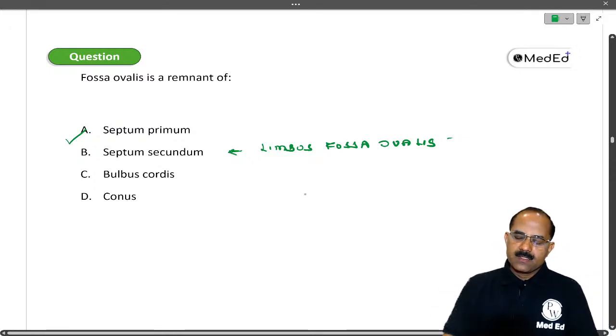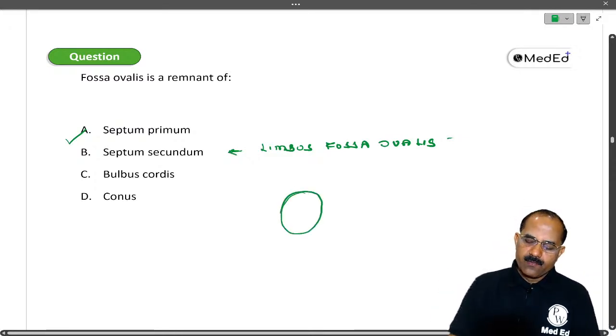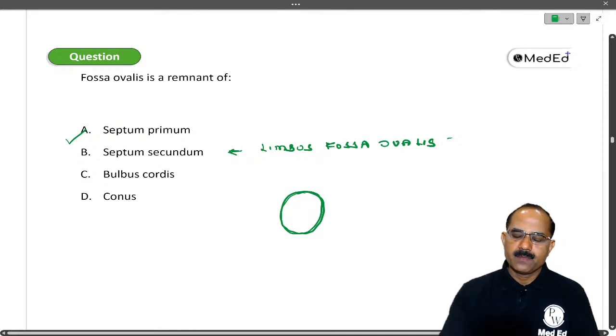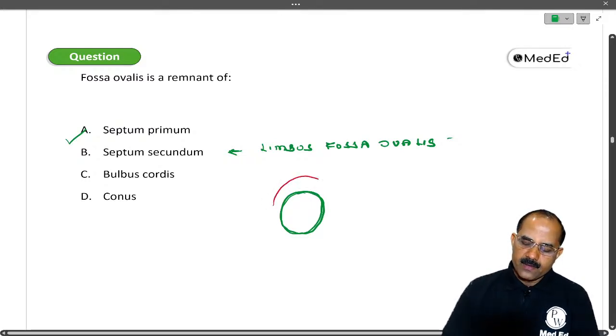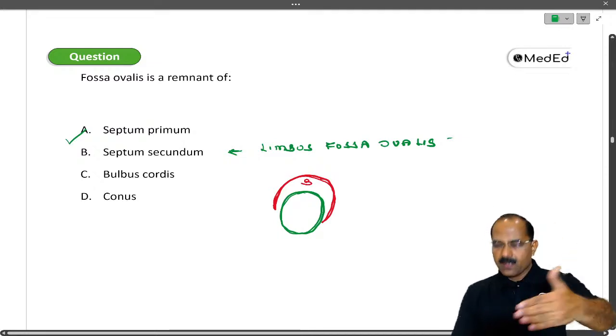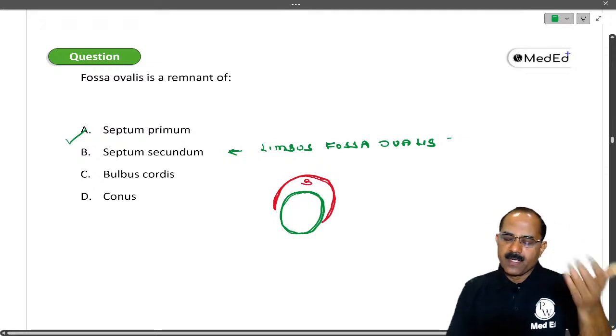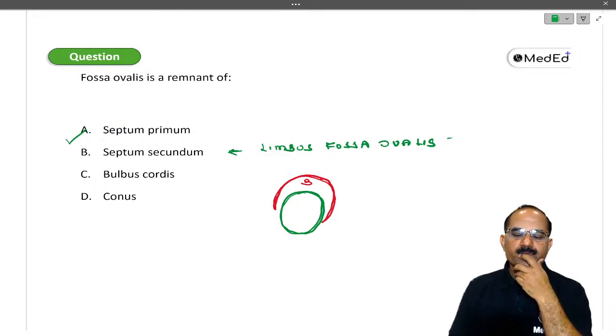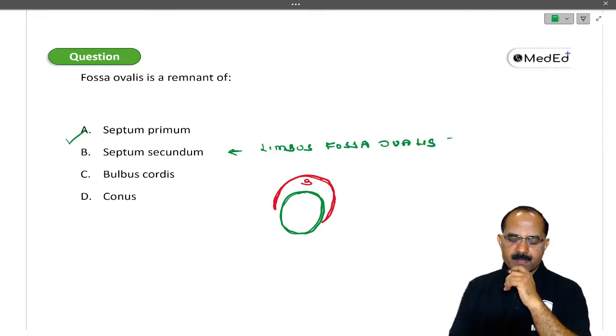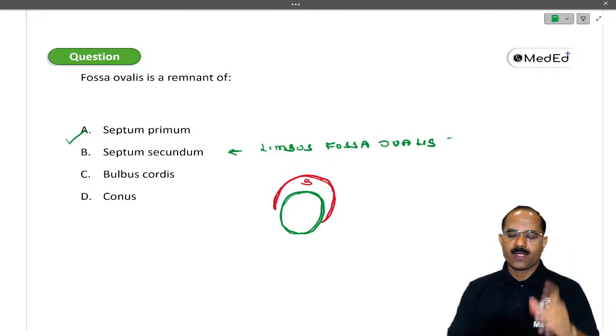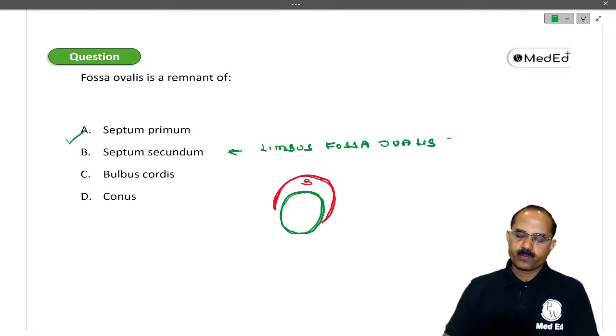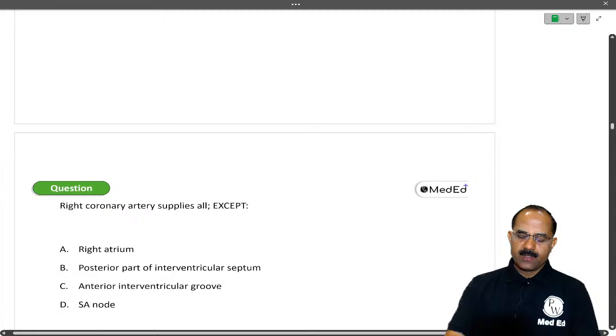Septum primum is this. ये fossa ovalis है, which is represented by septum primum, and इसके ऊपर there's a small elevation that is known as limbus fossa ovalis, which is represented by septum secundum. ठीक है? Okay, good. So easy MCQ.